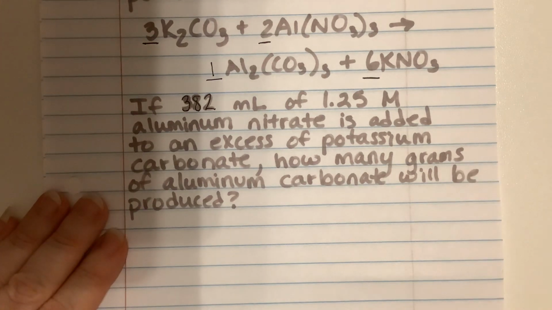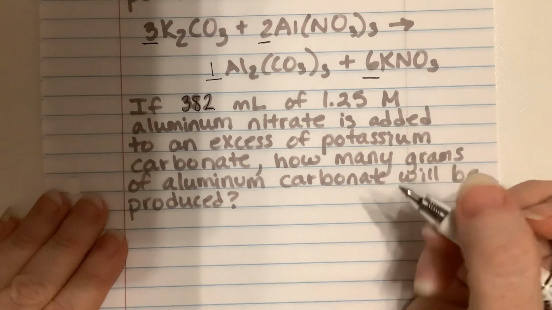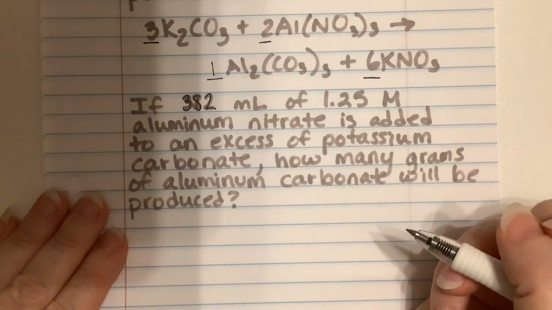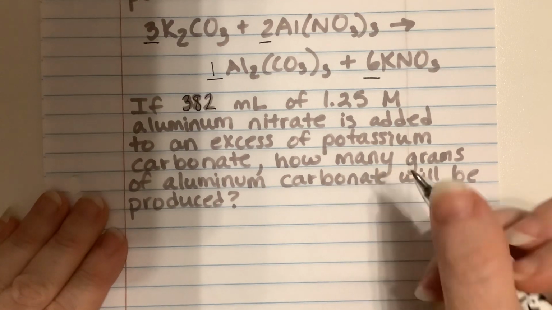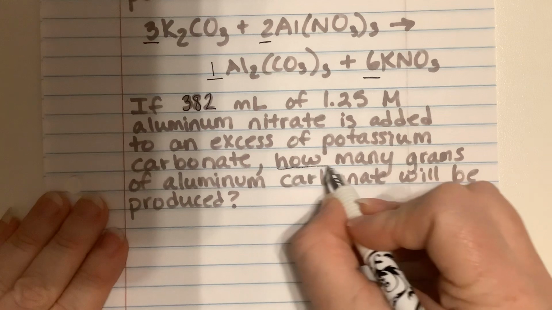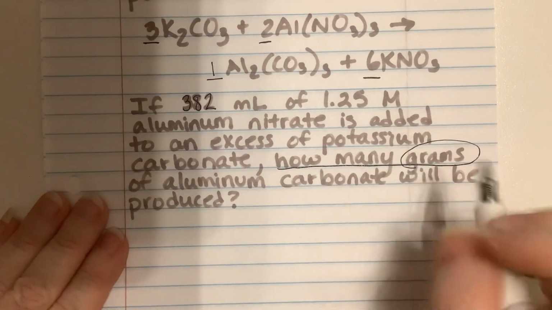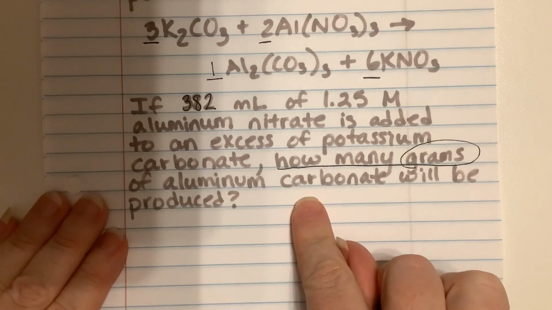Okay, so I feel like the first thing I want to figure out, again, is what are we looking for? What is the answer to this problem? We are looking for how many grams of aluminum carbonate.